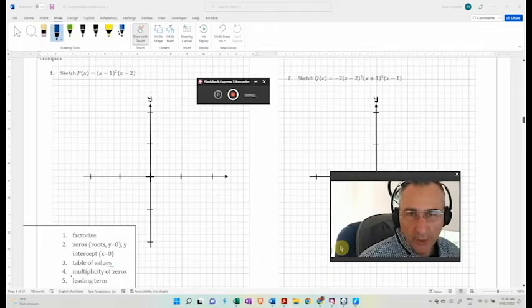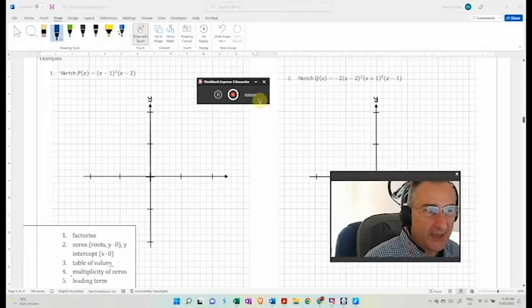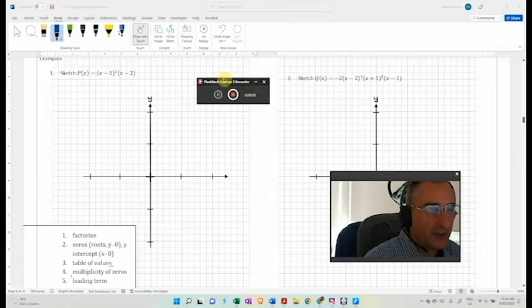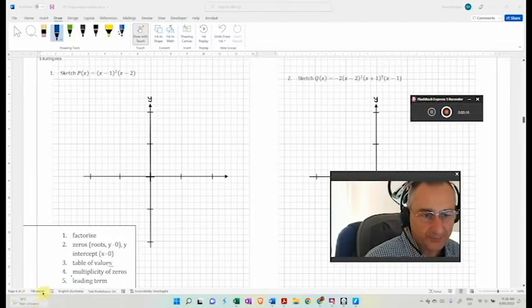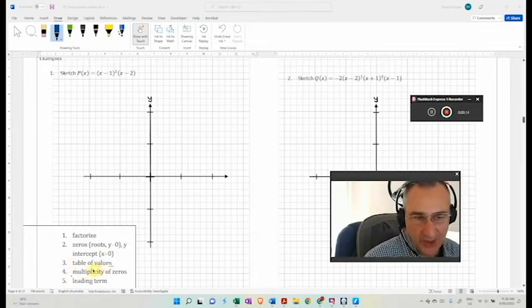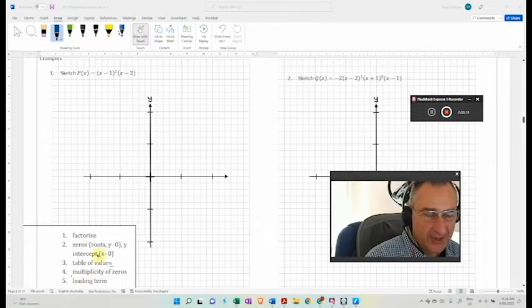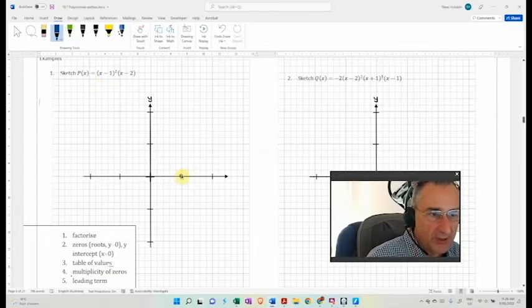So now we're going to have a look at a couple of examples. And the first example here is (x minus 1) squared, (x minus 2). I've reproduced the checklist here. I've changed it slightly. I've just brought table of values up ahead of multiplicity of zeros. So let's have a look at this. We're already factorized, so we can easily see the roots, and the roots there are x equals 1 and x equals 2.